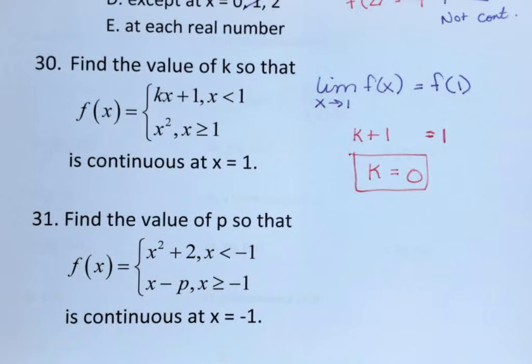That's it. So I want you guys to do 31 for me. Okay, check your answer with your neighbor when you think you got it.